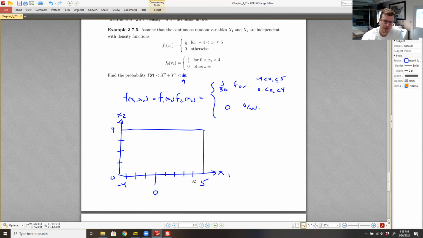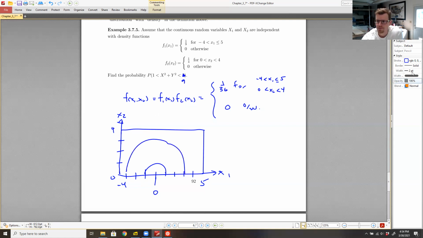So if I look at the equalities, 1 is equal to x squared plus y squared. I'm looking at the unit circle, but of course I'm looking at x2 values that are greater than 0. And then if I look at the equality, x squared plus y squared is equal to 9, I'd be looking at the values from -3, not the unit circle, but the circle with radius 3.